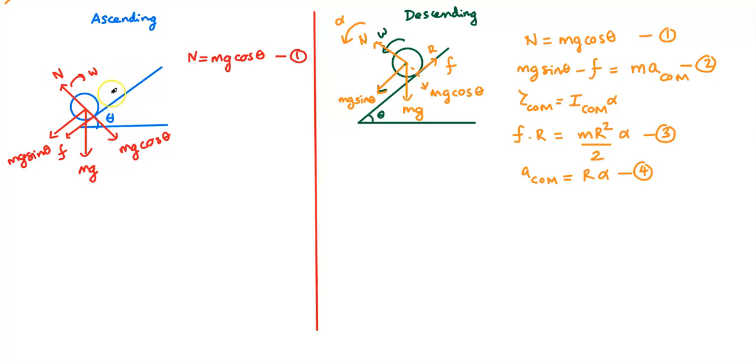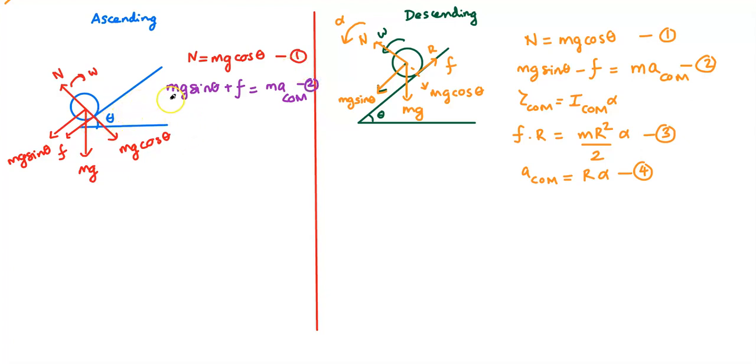And we also know that in this direction the net force is mg sin theta plus f. So mg sin theta plus f is m times the acceleration of center of mass, and that is going to be in the downward direction naturally. So that's number 2.